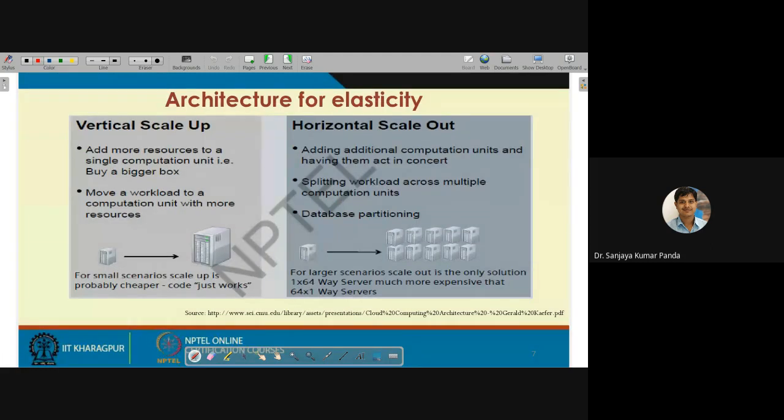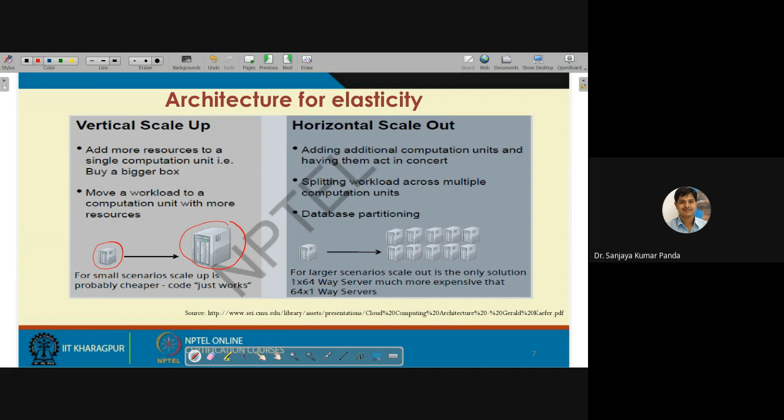Now you can see the architecture for elasticity. Elasticity can be visualized in two different ways: a vertical scale up or a horizontal scale out. Here you can see, I'm taking a small instance and adding resources to that particular instance.